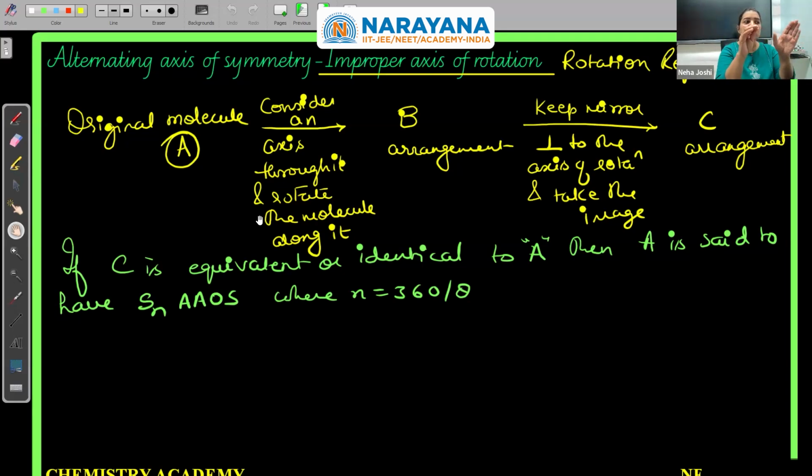Now, this B arrangement, we keep a mirror perpendicular to the original axis of symmetry, alternating axis of symmetry that we imagined, and we have an image. So now if this C is identical or equivalent to A, then we say, okay, this molecule has improper axis of symmetry represented as Sn, where n is 360 by theta.